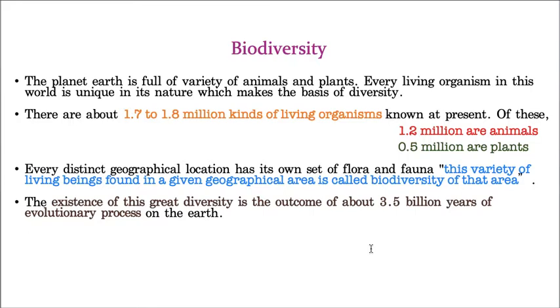Even twins are not exactly identical. They may look identical, but you can see so many genetic variations in them. That means no organism is similar. Every organism and every organism's behavior is unique. For example, you have a brother or sister.